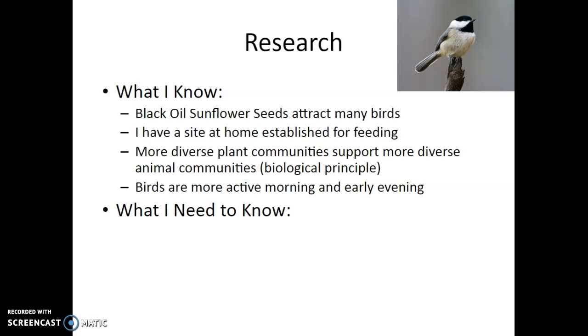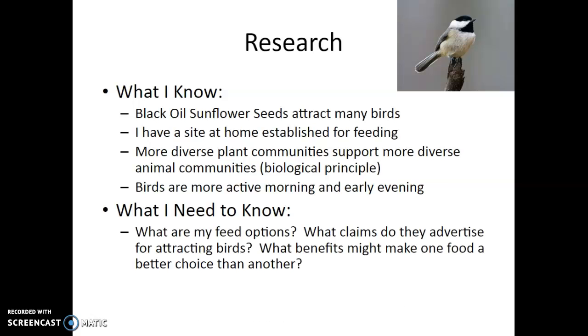So what else do I need to know? What are my feed options? I'm not sure. What claims do they make in advertising when they advertise attracting birds? I don't know that either. What benefits might make one food a better choice than another? Well, how easy is it to purchase? How expensive is it?